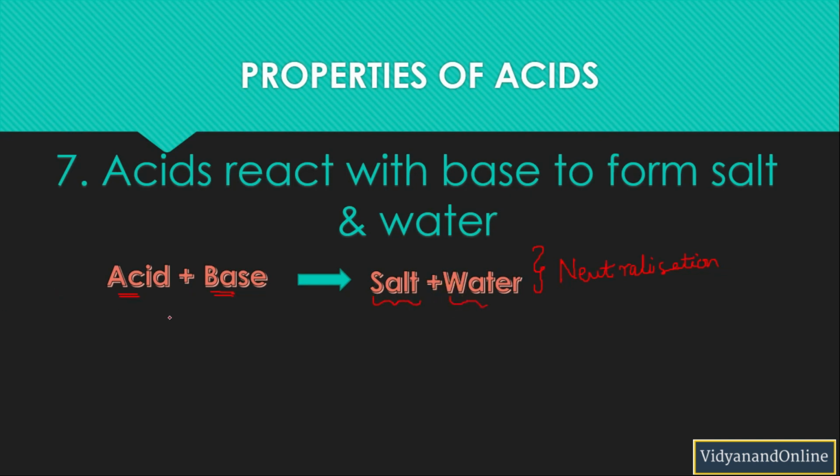For example, we have an acid here which is HCl and it is reacting with a base which is NaOH. It will form NaCl and water. This NaCl is a neutral salt, and water is also neutral, so the product is neutral, and therefore we say it is a neutralization reaction.